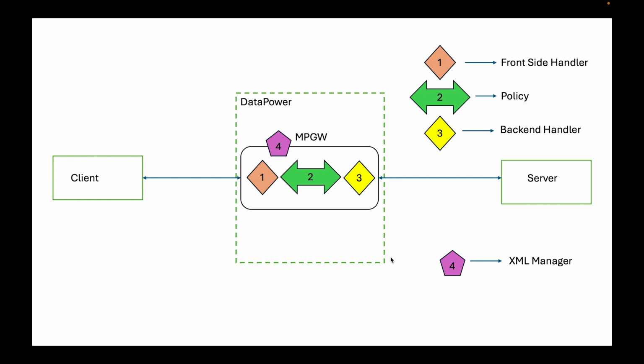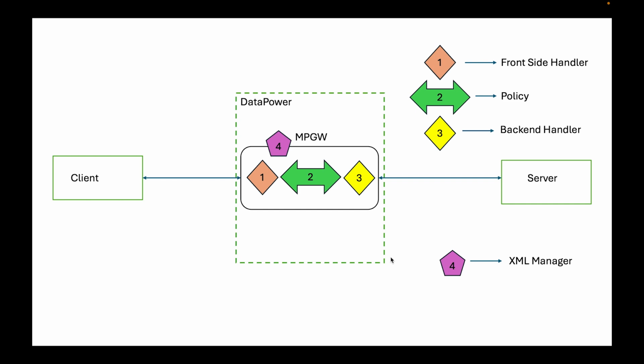When do you need to tweak it? Well, you need to tweak the XML Manager in certain scenarios. Number 1, you are sending a very large XML document to DataPower, which DataPower doesn't accept by default. So you go to XML Manager and tweak there the maximum size of XML that can be handled. Same is true for JSON.